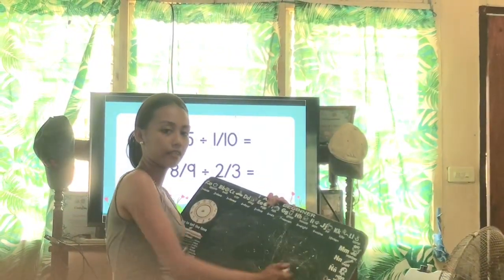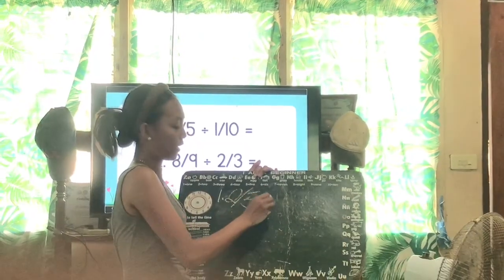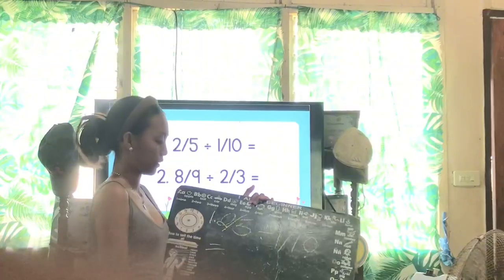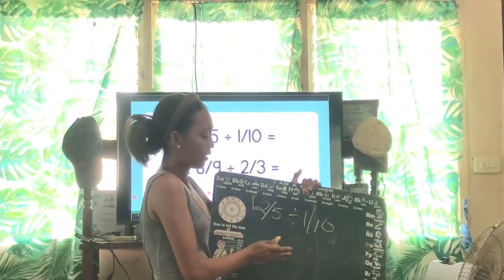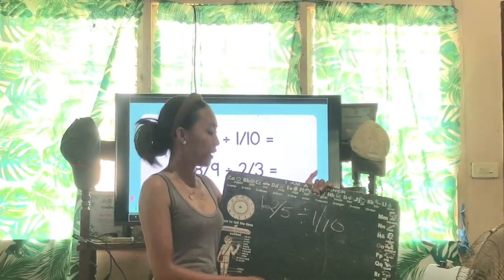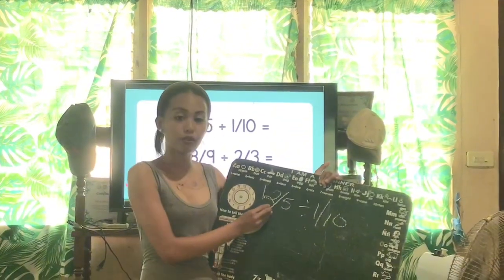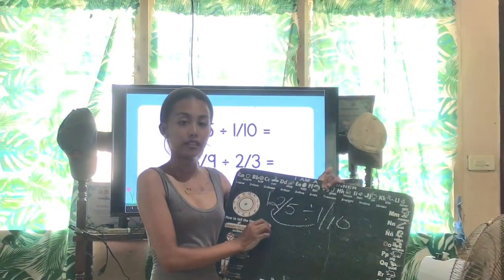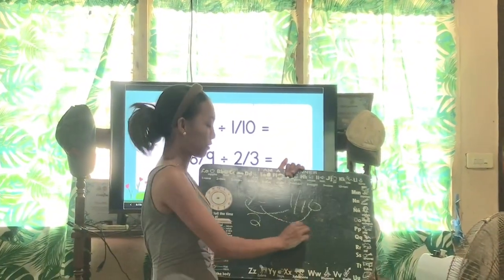For number 1, 2/5 divided by 1/10. We need to explain how to get the solutions and the final answers. 2 divided by 1 is 2. 5 divided by 10 is 2.